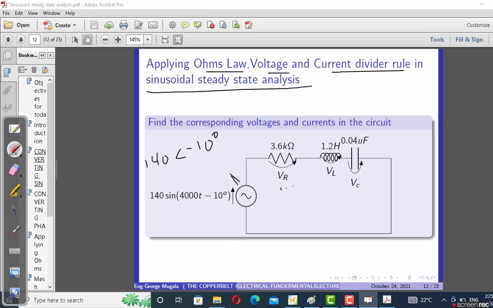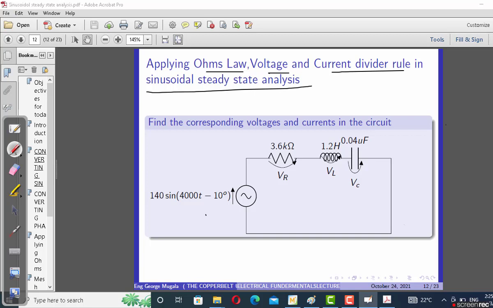The inductor will have j omega L, and the capacitor will have minus j over omega C. Basically, that's how you work with this. Once you've converted, you can work with it as if you're working with a DC circuit.